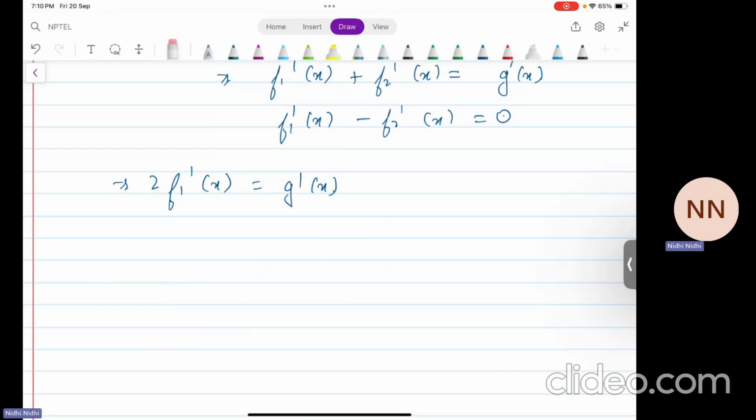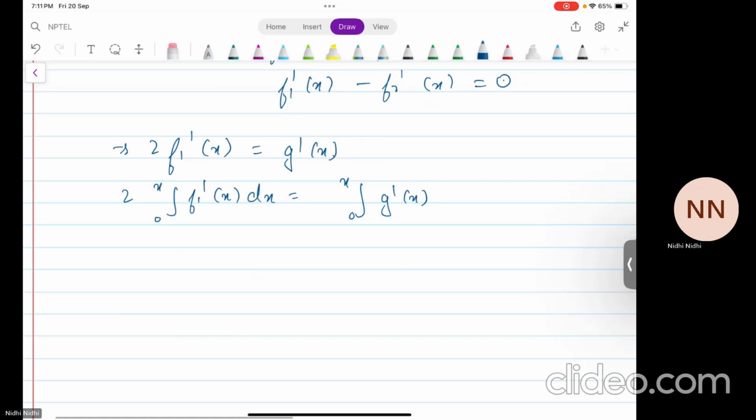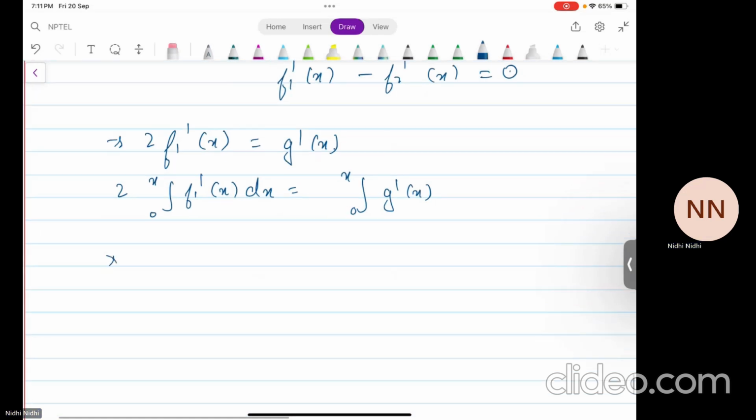Since the initial point x naught is 0, we will integrate it from 0 to x. We get the integral from 0 to x of f1 dash x dx is equal to the integral from 0 to x of g dash x by 2, which gives us f1 x minus f1 at 0 is equal to g x by 2 minus g at 0 by 2.